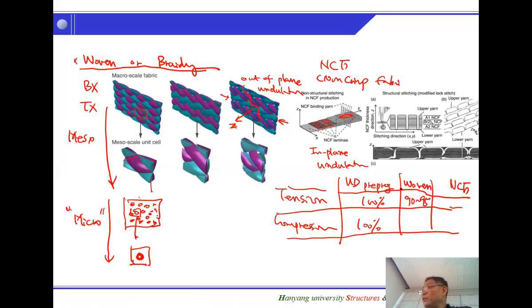Of course, woven compared with the UD, you need to consider 0.90, right? And NCF, I would say 95%, above 95%. But the compressive, woven can be 80% or 80 to even 70%, and NCF will be about 80, a 90 to 80% reduction. So you can see that these kinds of tow undulations will lower the compressive strength.